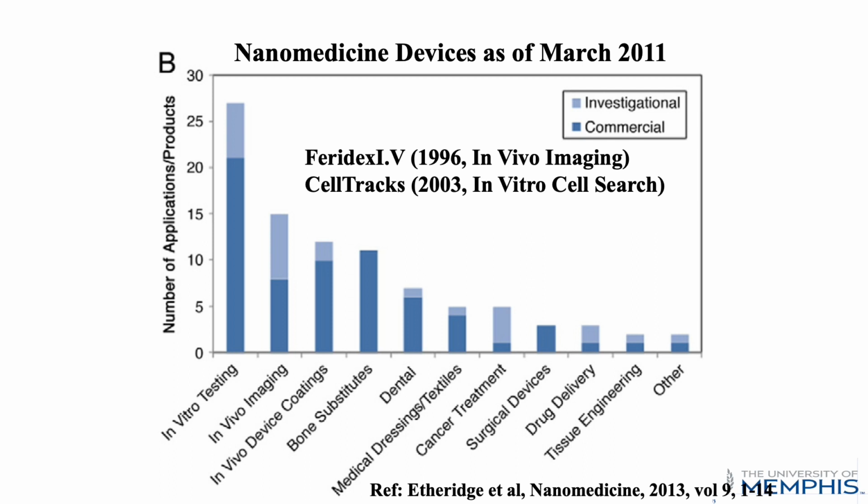Some of the major examples are Feraheme, used in in vivo imaging, which is a magnetic nanoparticle, and CellSearch, in vitro, used in cancer diagnosis to detect circulating tumor cells. These are two examples that you can find, and a lot are in the investigation stage or commercialized stage.